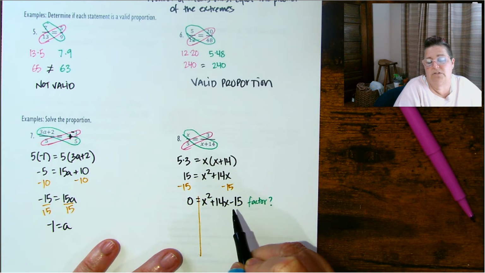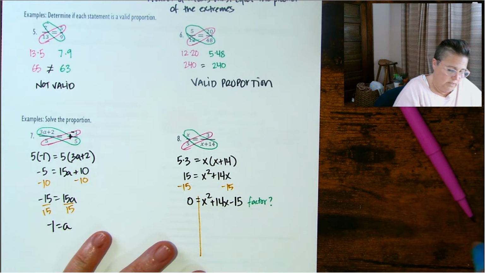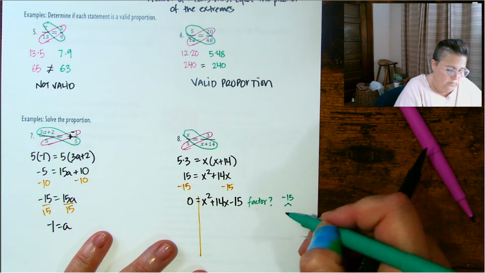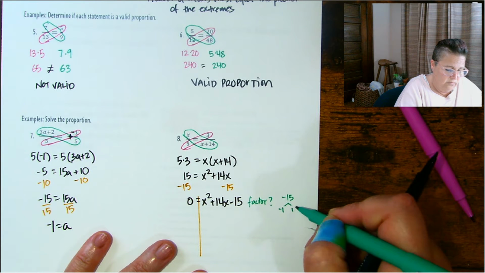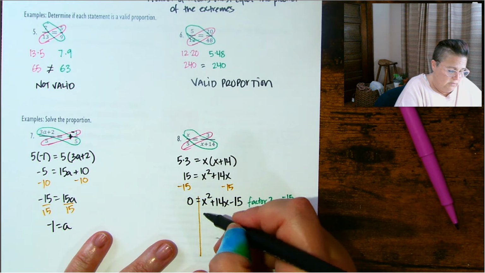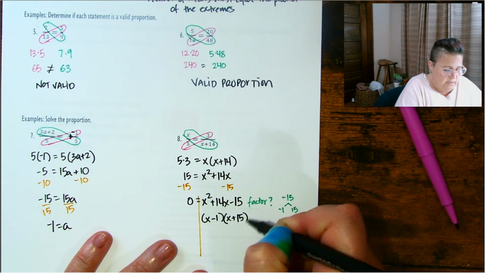Are there two numbers that when multiplied give you a negative 15, and when added give you a positive 14? What two numbers multiply to give you a negative 15, but when added, you get a 14? So that's going to be a negative 1 and 15. Bam, right there. All right, so this factors into x minus 1, x plus 15.